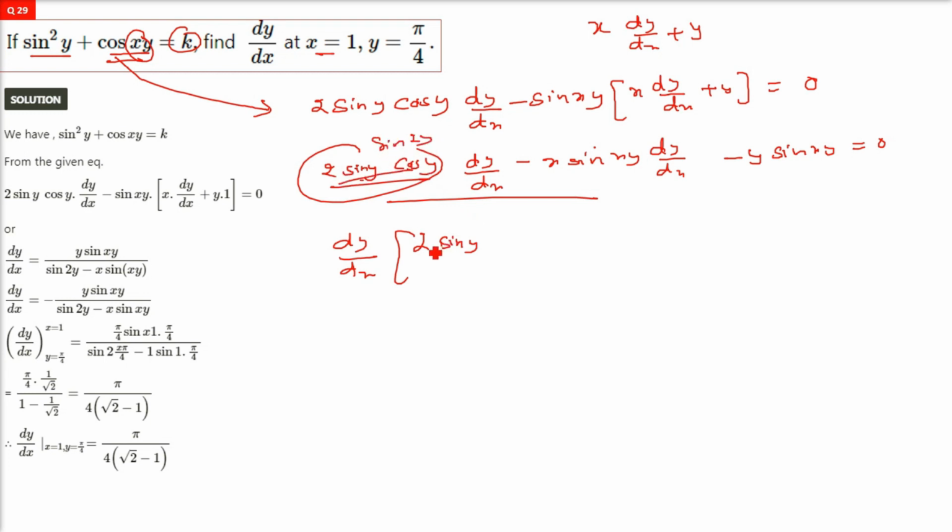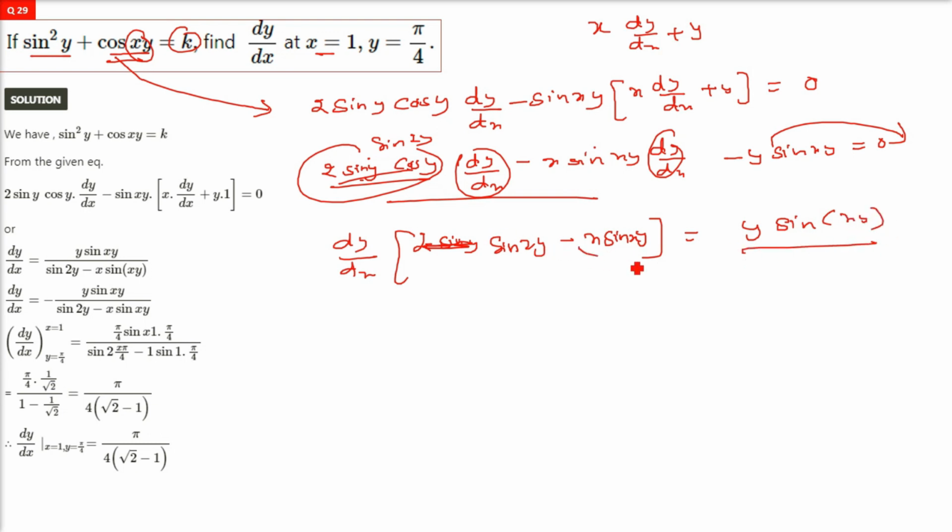So 2 sin y cos y is sin 2y. So I am writing it as sin 2y minus x sin xy, times dy by dx. I have already taken it common and am transposing the rest to the right hand side: y sin xy. Now we can bring this down into the denominator, cross multiplication you can say. So dy by dx equals y sin xy over sin 2y minus x sin xy.